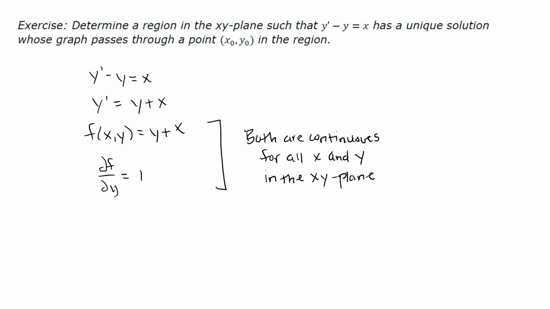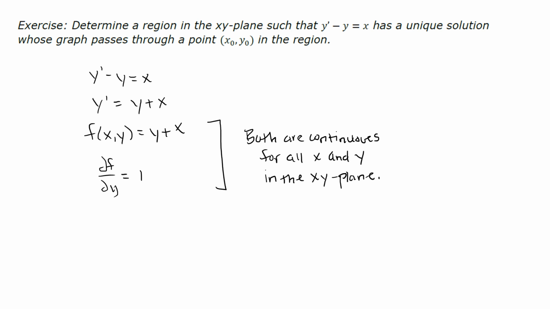There is no discontinuity. Okay, so we have found our region, right? So this means that any point x sub 0, y sub 0 in the plane can serve as an initial condition for which the DE has a unique solution. All right.